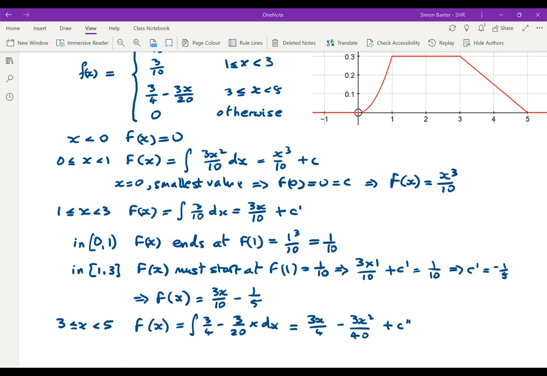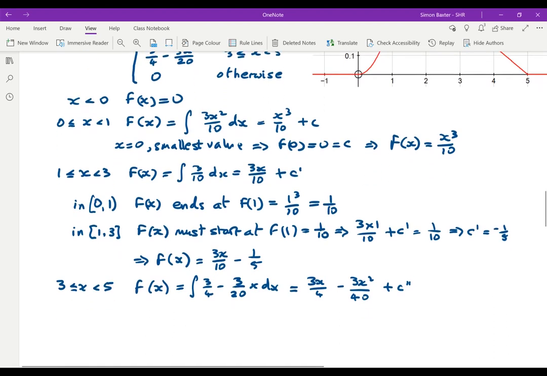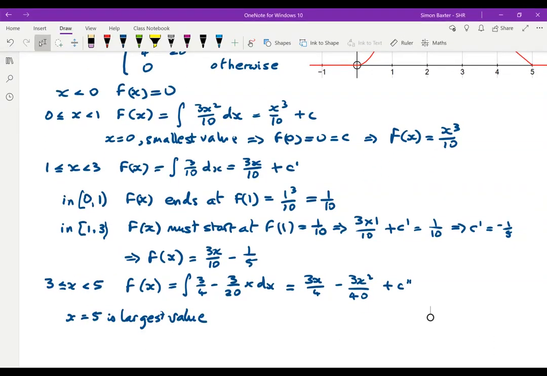Now I've got two possibilities here. I could say that at the end of the interval 1, 3, I must start the next interval at the same point. Or I could say, which is easier, that x equals 5 is the largest value, which gives us that F of 5 is 1.